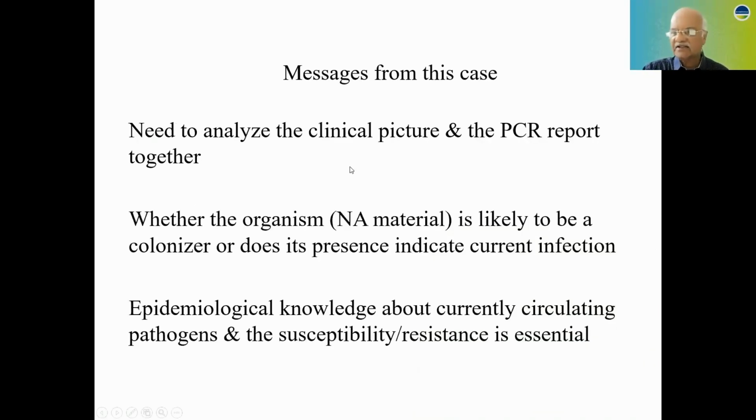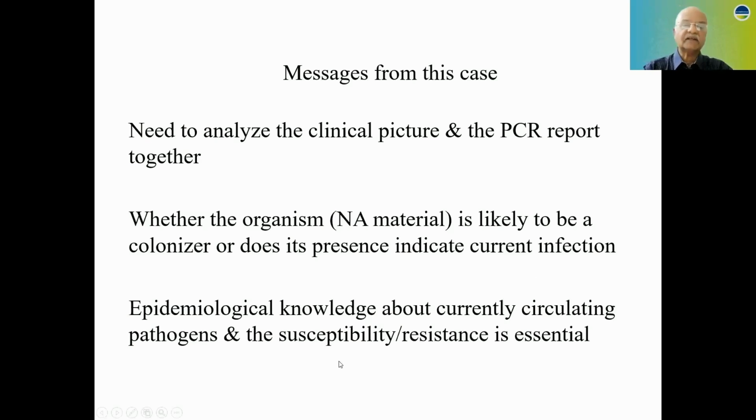So again, we need to analyze the clinical picture as well as the PCR report, and whether the organism is likely to be a colonizer, as the Haemophilus, and maybe even Acinetobacter in this case, or does it really indicate current infection?